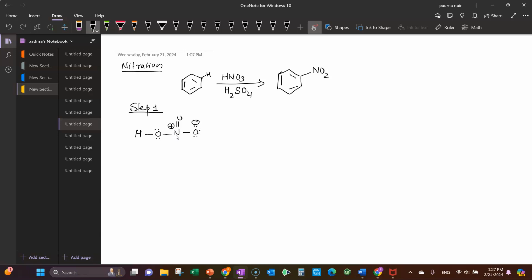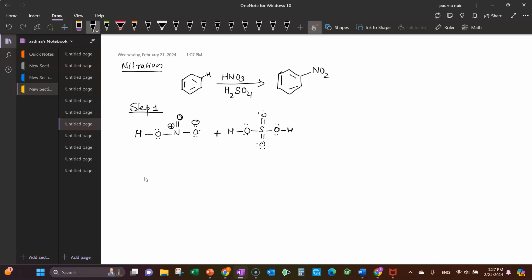This nitrogen has a formal charge of +1. This is the Lewis structure of HNO3. This actually reacts with H2SO4, where we can again write H2SO4 in this manner. Both Lewis structures, these are called oxo acids. The Lewis structure of H2SO4 is represented like this.